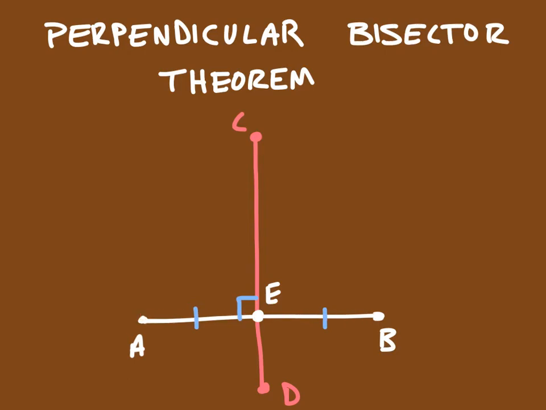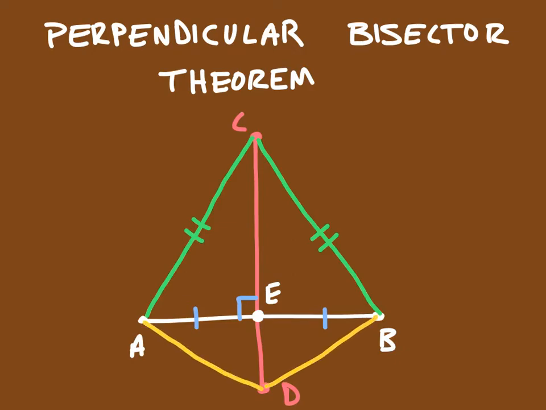Here's what I know. Let's draw in a segment, say CA and CB. What I can say about CA is that it is going to be congruent to CB. We can also say AD and DB, connecting those two segments, and we can say that AD is congruent to DB.